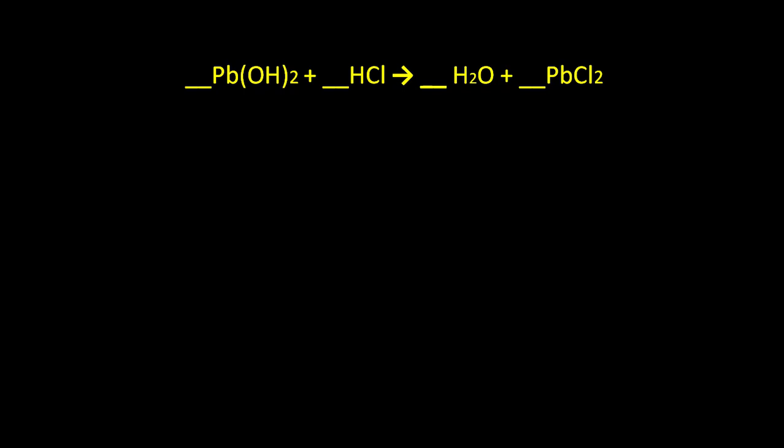Let's start balancing. Here we have 1 lead atom, and on the other side of the equation we have only 1 lead atom. So the lead atoms here are so happy. Let's talk about OH by 2. Hydroxide by 2 means we have 2 hydrogens and 2 oxygens.